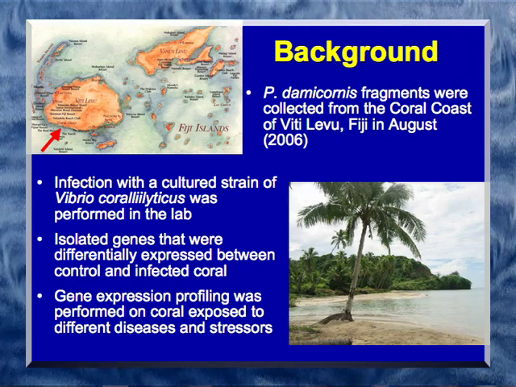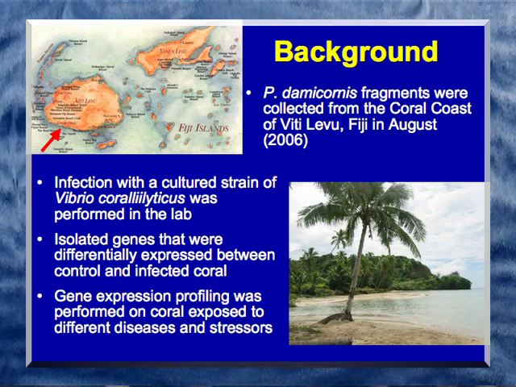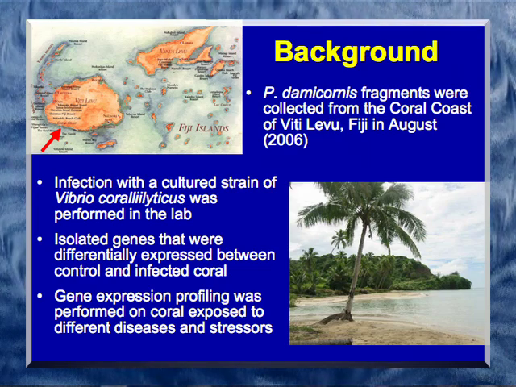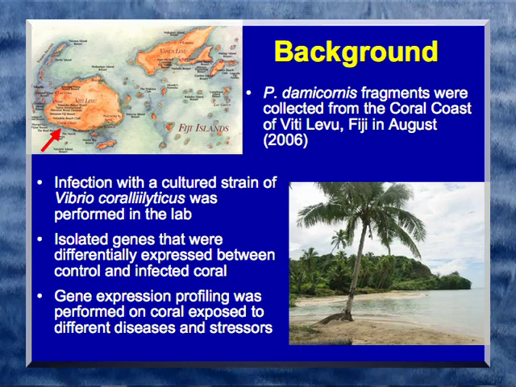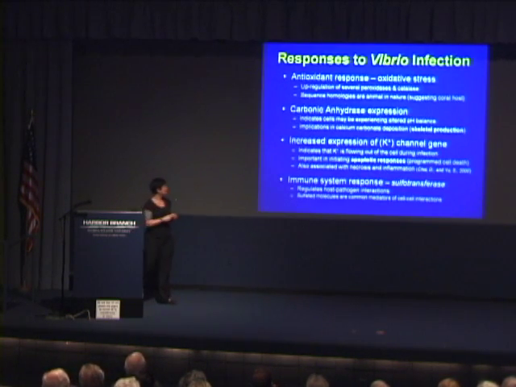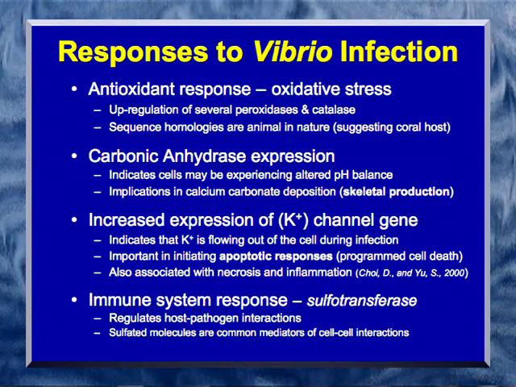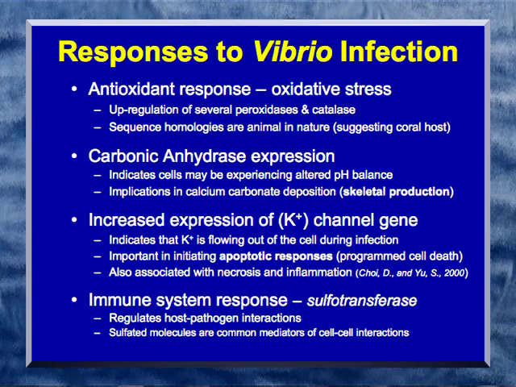Then I performed gene isolations to look for genes that were upregulated during infection, and then tested those genes during different stages of infection and also under different infection conditions. And what I found was that some of the genes that were highly upregulated were, surprise, oxidative stress response genes.